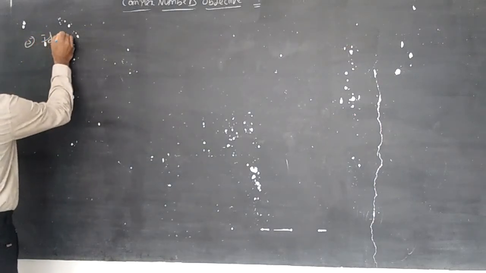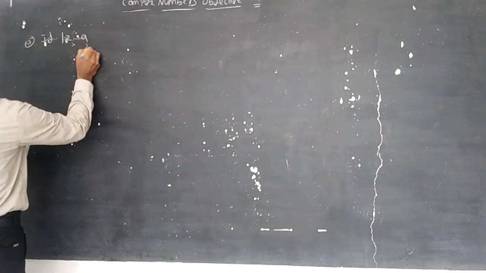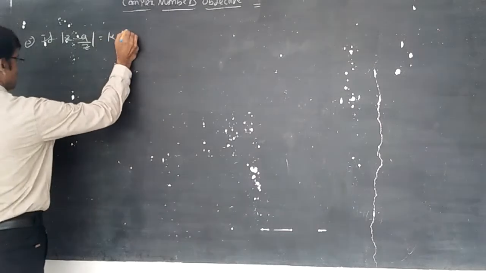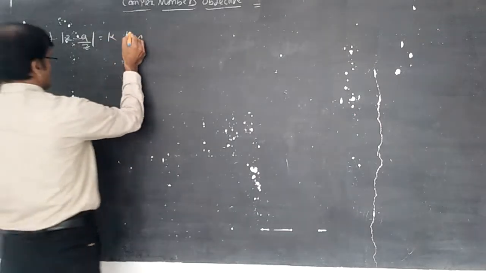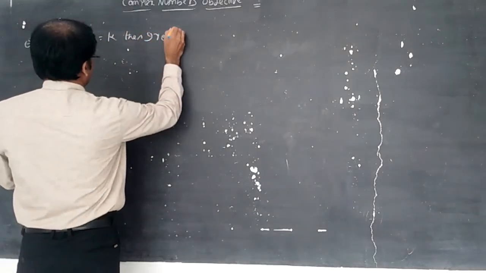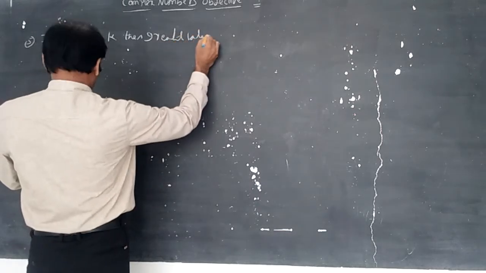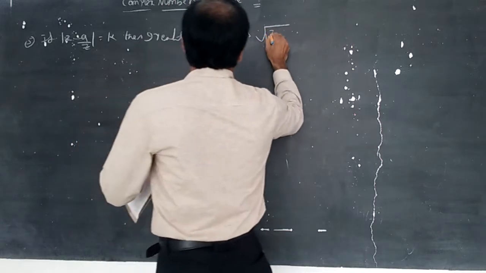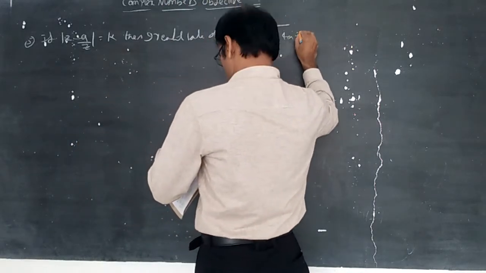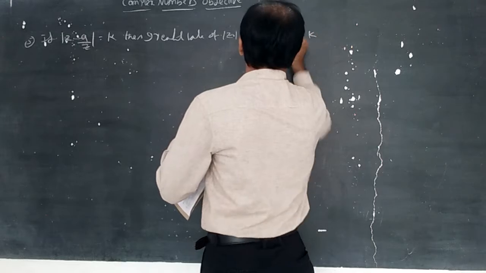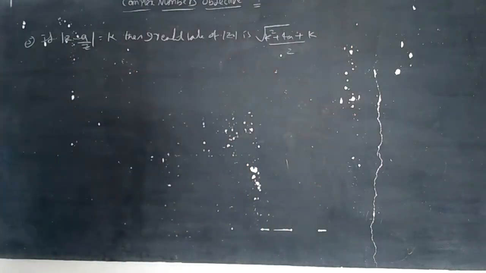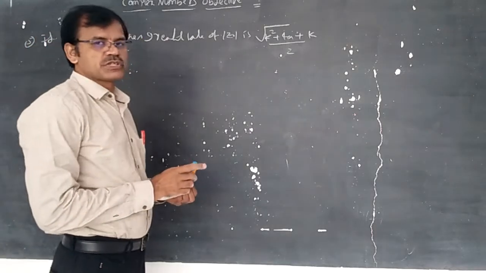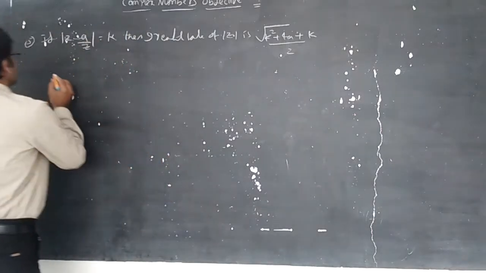If modulus of z minus a by z is equal to k, then the greatest value of mod z is (root of k square plus 4a, plus k) whole by 2. If you remember this formula, you can write it directly. If you forget this formula, you should do the procedure. Let me say an example also.